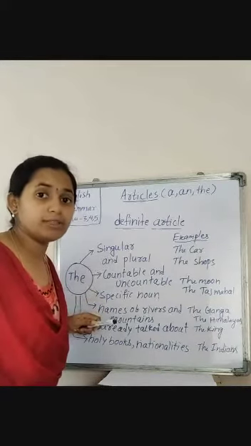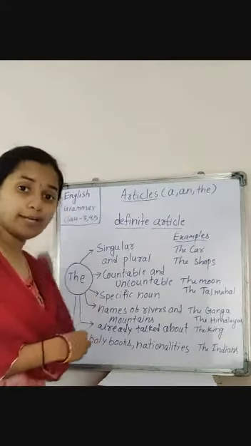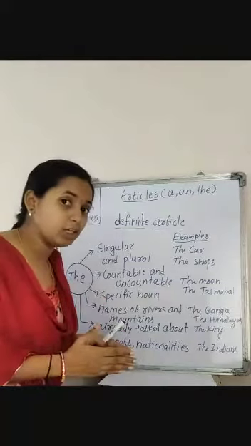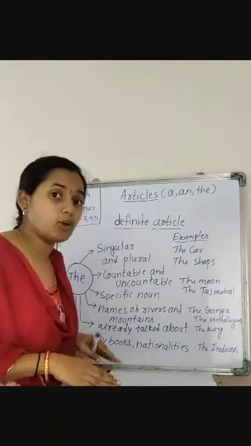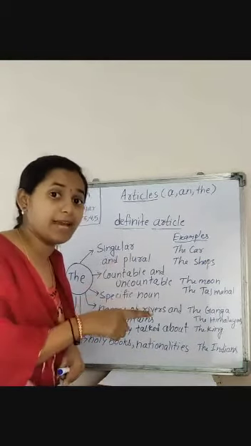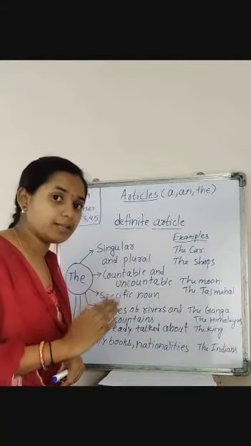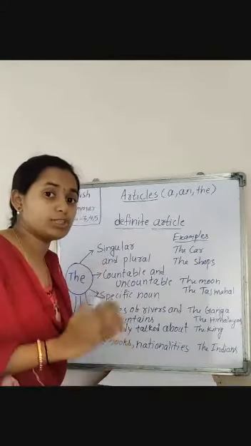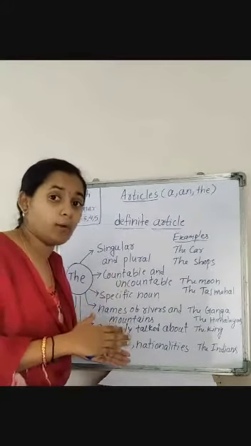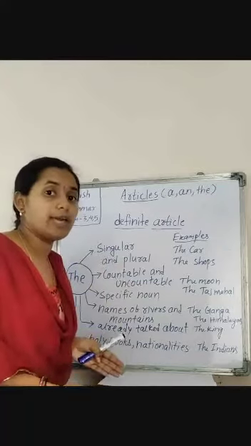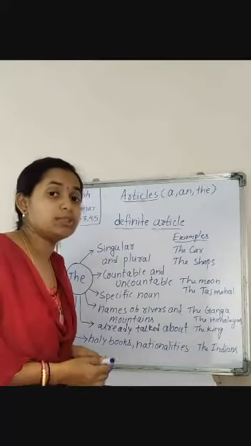So where are we using the? When we have already talked. In the first sentence we have already talked about the king. In the second sentence we are talking about the same king we have already told in the first sentence. Right? Understood? So the nouns which we have already told about, at that time we use the.